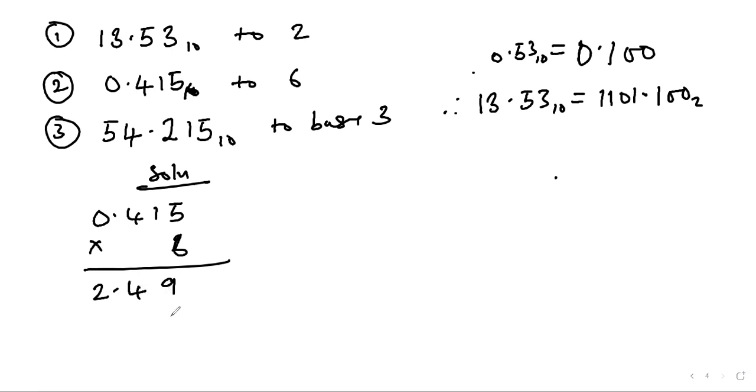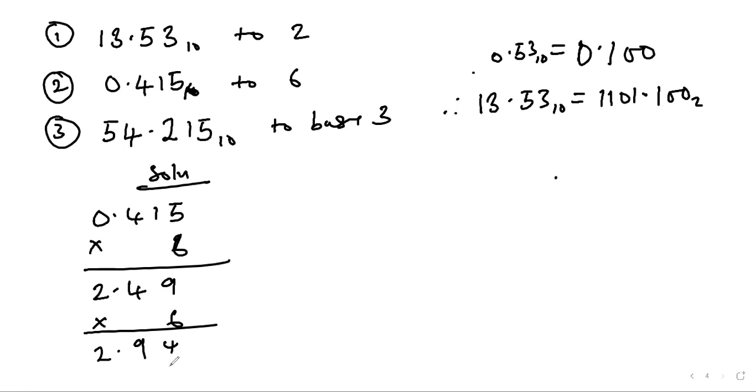We multiply by 6 again. 6 times 0.49 will give you 2.94.